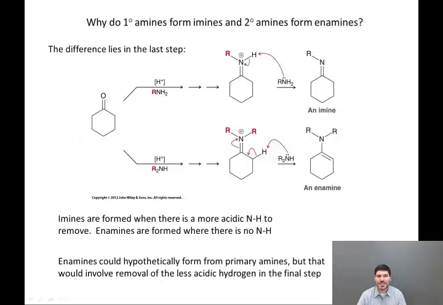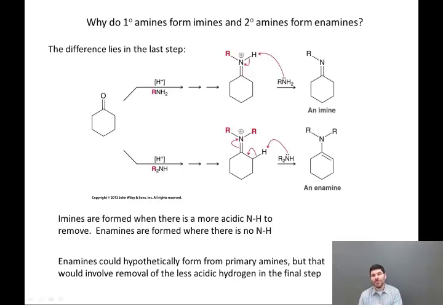Okay, so let's look at this a little bit big picture again. We know that primary amines form imines and secondary amines form enamines, and we've already looked at the fact that the difference lies in the last step. Just going to show you one more example in which you have a ketone, and the ketone's going to have hydrogens that are capable of being removed in the final step. If you have a primary amine, the last intermediate you end up with, the iminium ion, has a hydrogen on nitrogen.